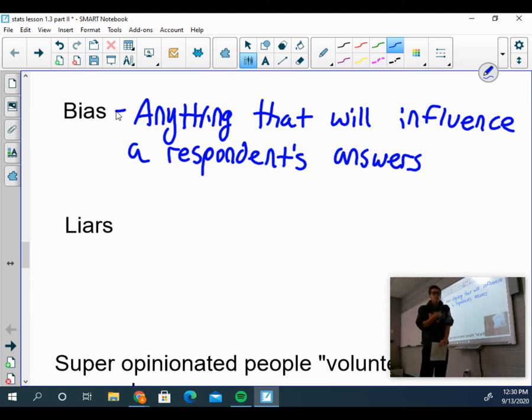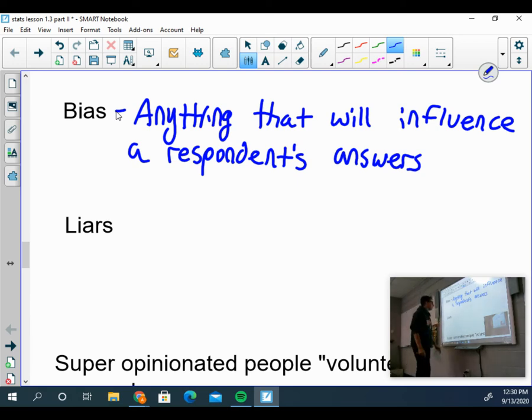Maybe it's ones that I as the questioner have. Bias can be any and all of those things, and they could all be present. But it's literally anything that could influence a respondent's answers from being absolutely truthful. And it could be subconscious or a conscious decision, and we'll get into that.